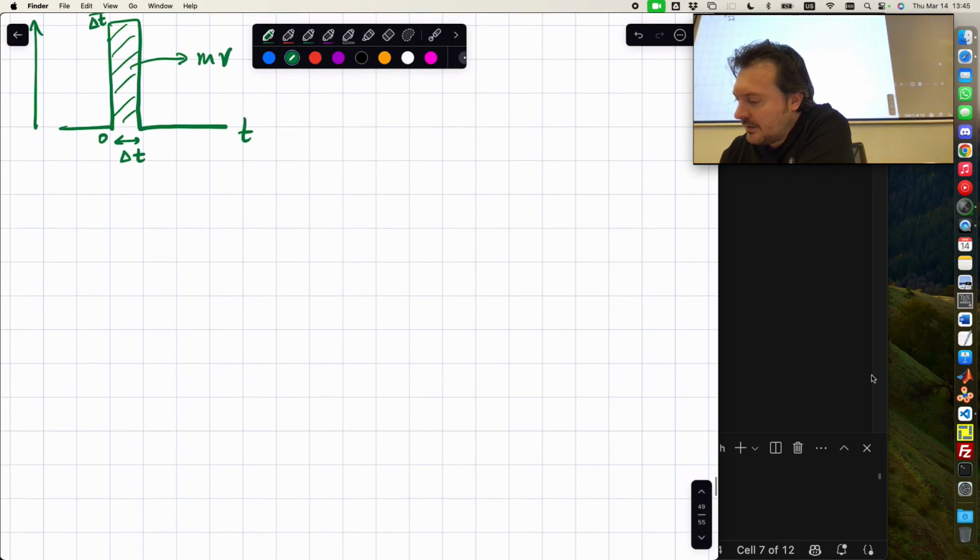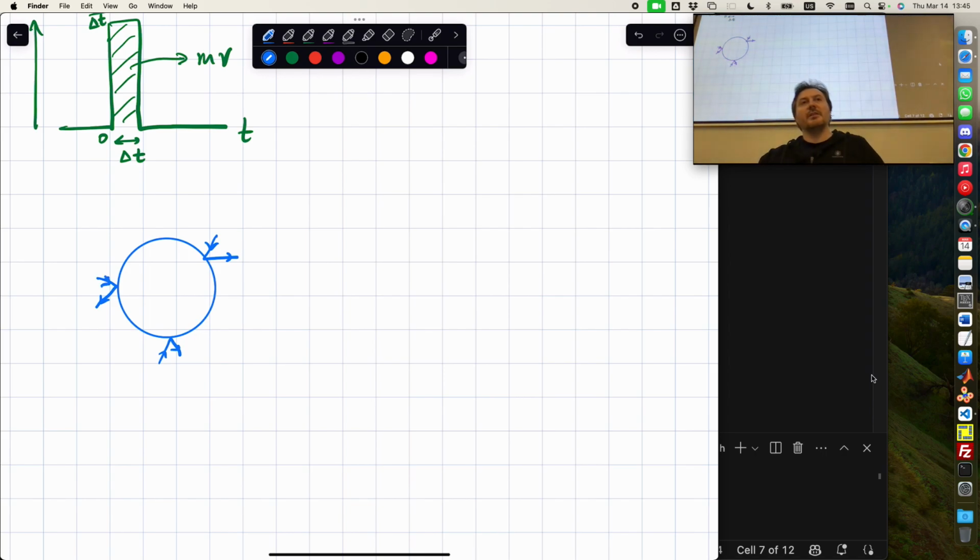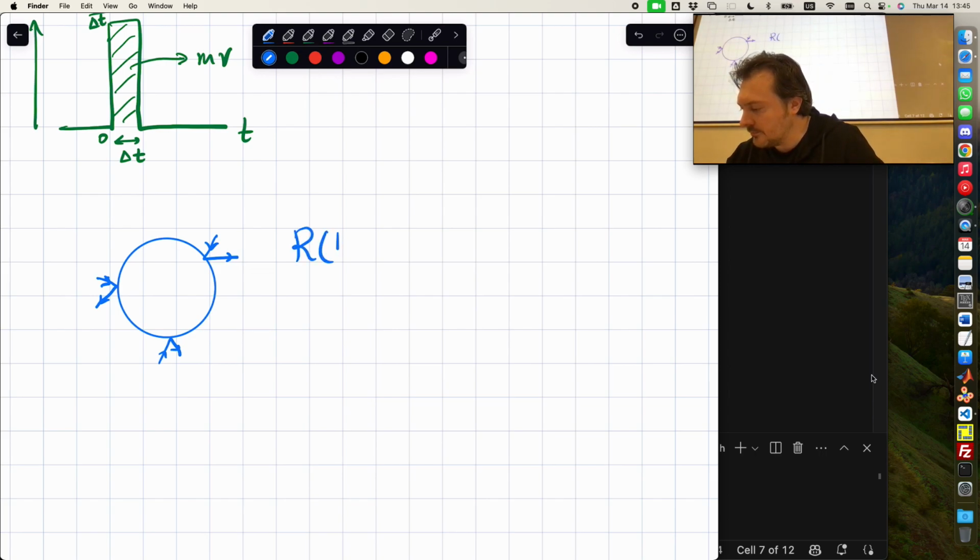So let's remember what was happening in our code. In our code, there were these random kicks that were happening at certain times. And we decided that we could model them as r of t. Okay?